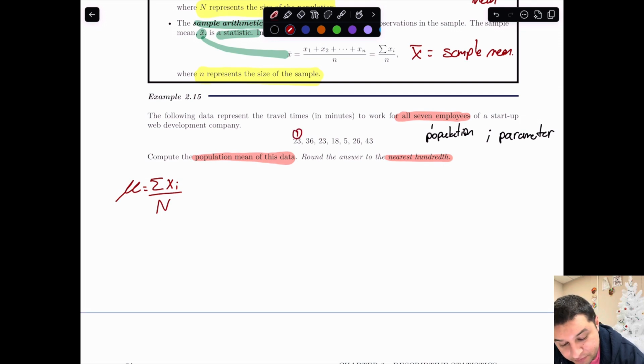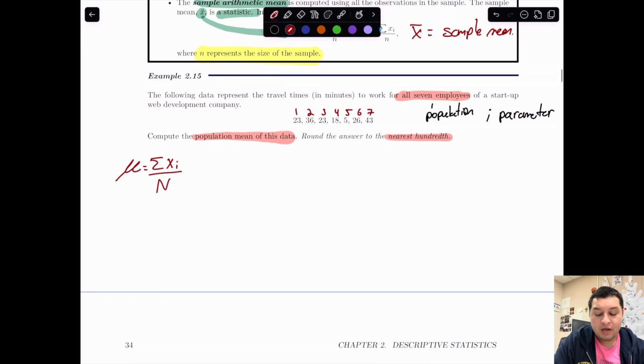If we look at all the terms we have, there are 1, 2, 3, 4, 5, 6, and 7. I'm going to take off all the circles and just go with 1 through 7, because it's easier for me to see. We have to add up all of them and then divide by the total number that we have.